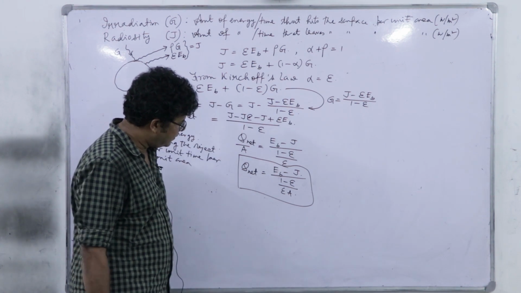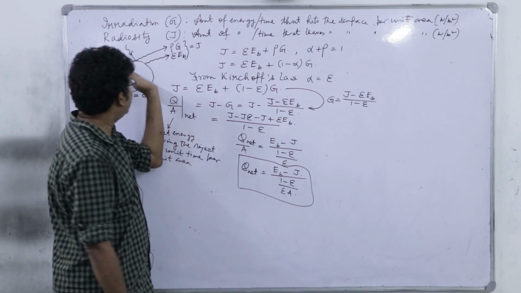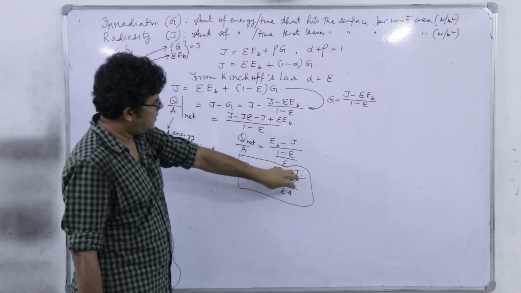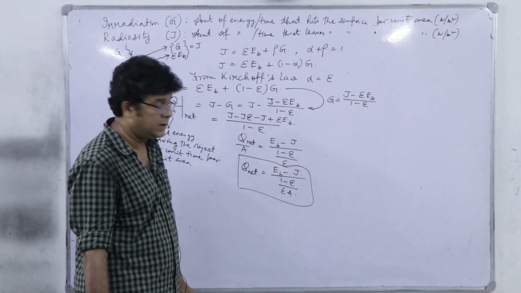EB is potentially the higher node, J is potentially the lower node, and there is an equivalent resistance term, 1 minus epsilon by epsilon A.